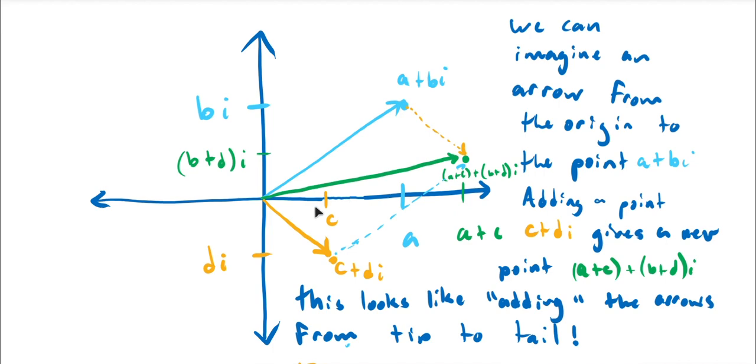Well, a plus c just moves us over by c from a in this direction. Here di seems to be negative, so that would move us down from bi in this direction. And if we draw a new arrow, it has a relationship to these old arrows. It's like we moved this yellow arrow to the end. We say we add tip to tail of these arrows, and then it points to the new direction.